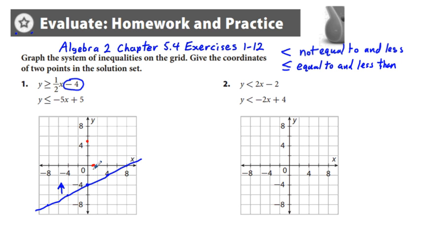Next is down 5 over 1. Down 5 over 1. So quite a steep, negatively sloped line. Then we come up here, so it looks like this, very steep. And again, it's equal to and less than, so I'm going to go like this. Okay, it's a little bit crooked there.